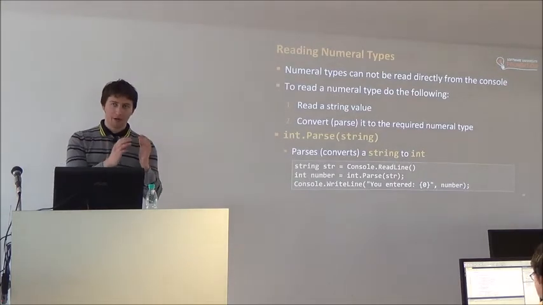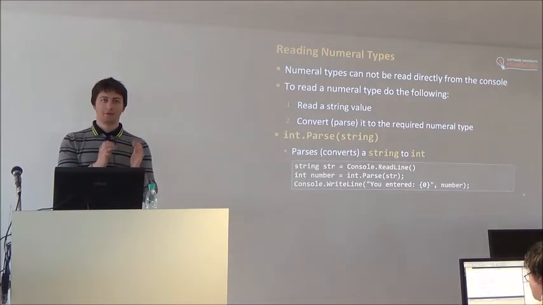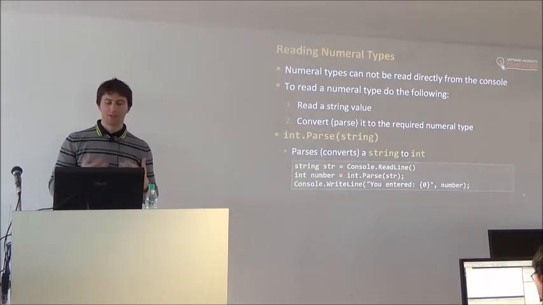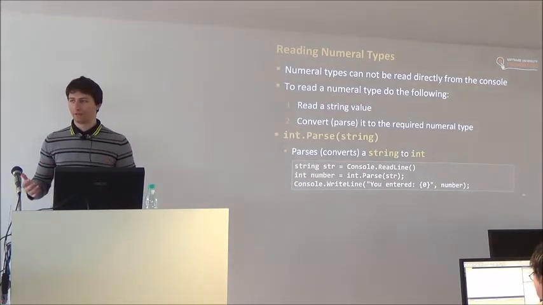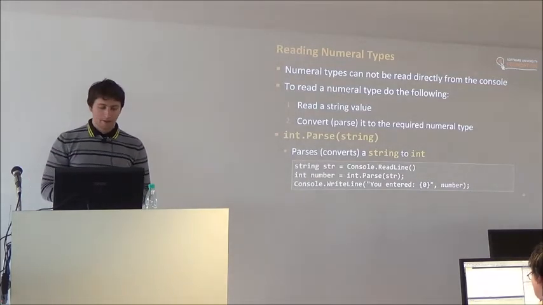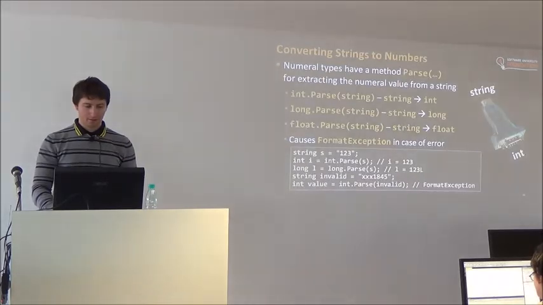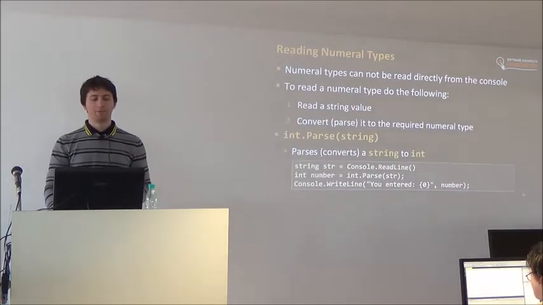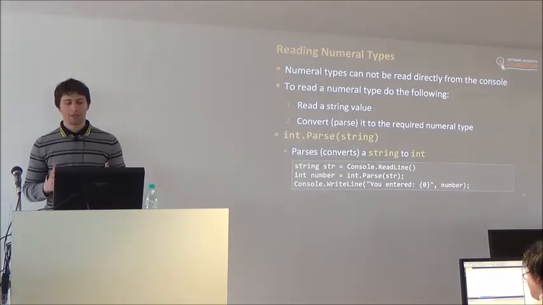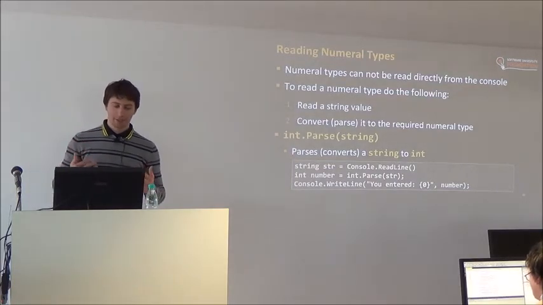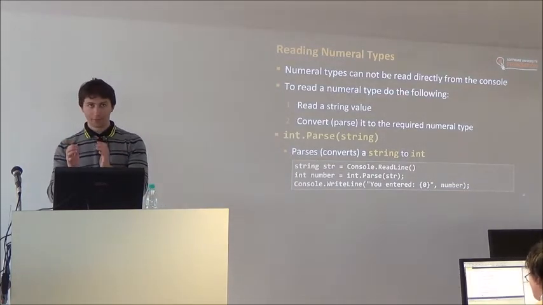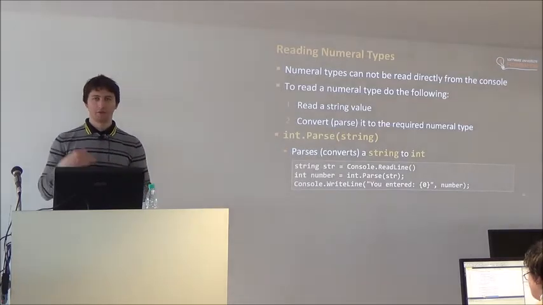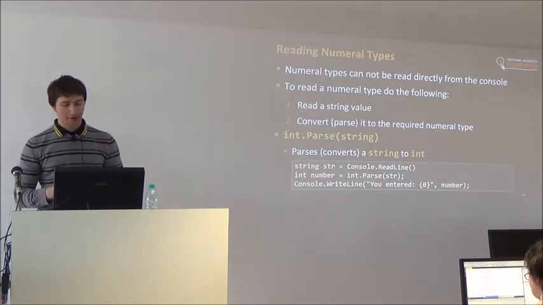So obviously when you parse, you try to get a number from something. And it can fail, since that thing can be something different than a number. Let's see this. This is the int.Parse method, which parses the string that you input as an integer. So if you input something that is not an integer, it will fail.